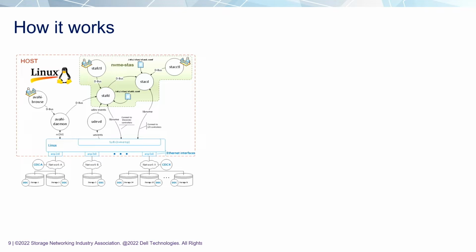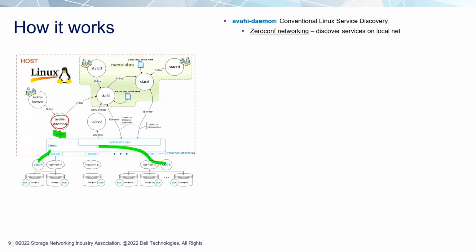So Linux already has the Avahi daemon that performs zero configuration and is able to handle mDNS requests and responses. So there is no need to reinvent the wheel there, it's just used. That is the first piece.